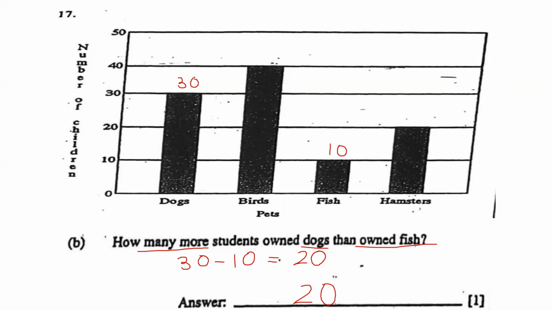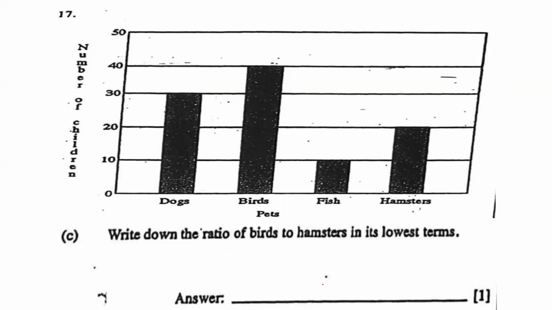All right, moving on. Let's go to letter C. Write down the ratio of birds to hamsters in lowest terms. How much do birds get? 40. How much do hamsters get? 20.